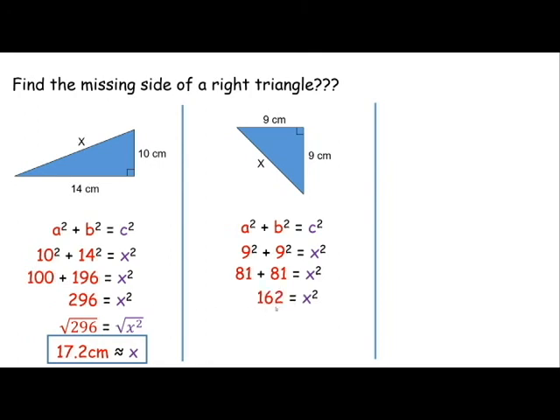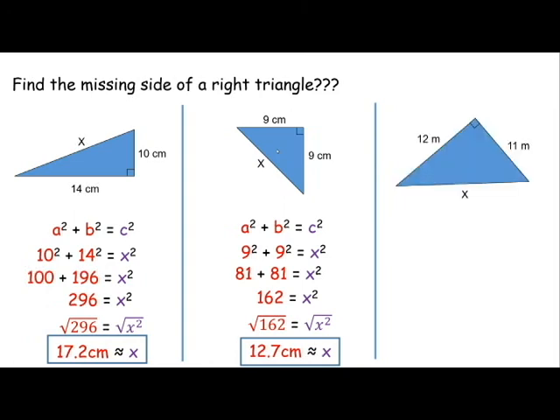Just like I did over here, in order to undo squaring, I'm going to square root both sides because I know squares and square roots undo each other, and then I'm going to type this into my calculator, the square root of 162, which is approximately 12.7 centimeters. Again, recognizing that negative 12.7 times itself is also 162, but realizing that we have to have a positive length for this side.